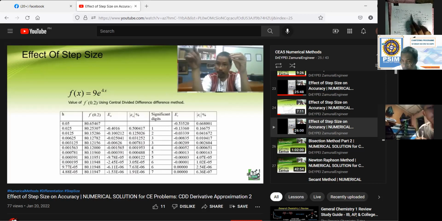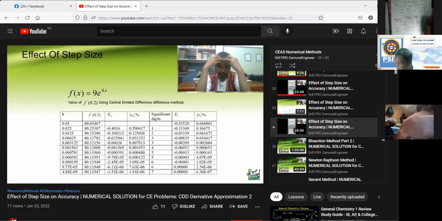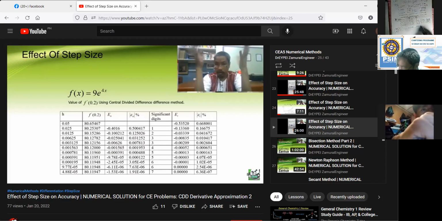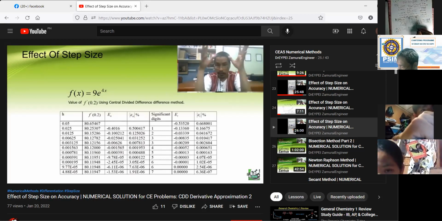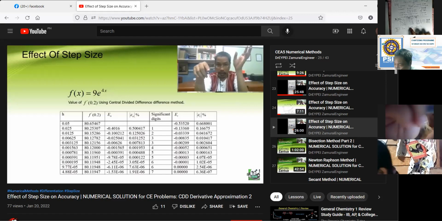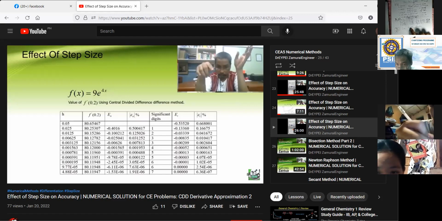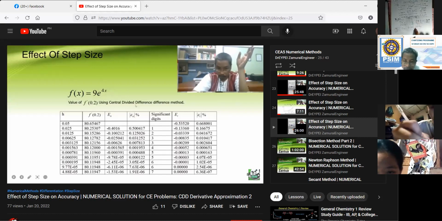This approximation is almost similar to forward divided difference. But take note of the central divided difference: the denominator here is 2 delta x, because we are going from x minus delta x to x plus delta x. If you subtract, that is 2 delta x. This is the denominator.